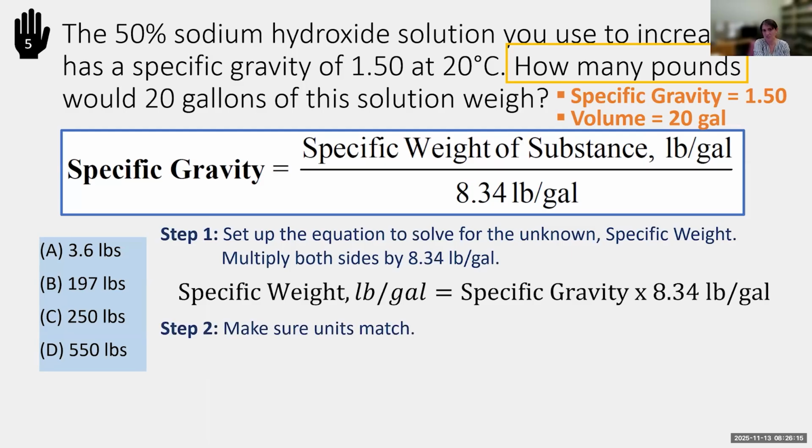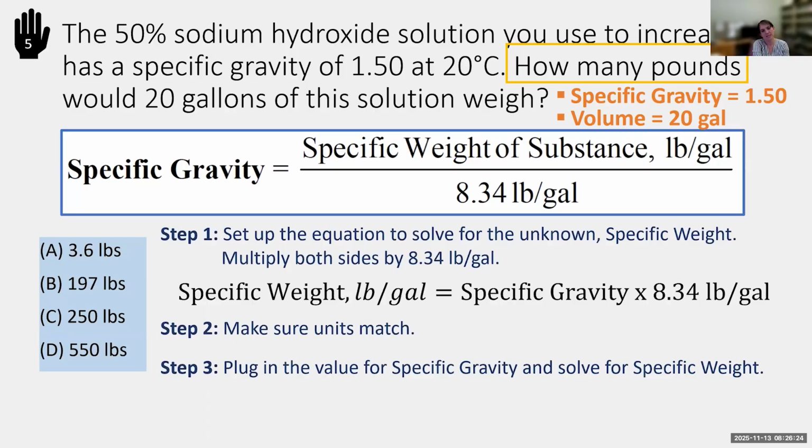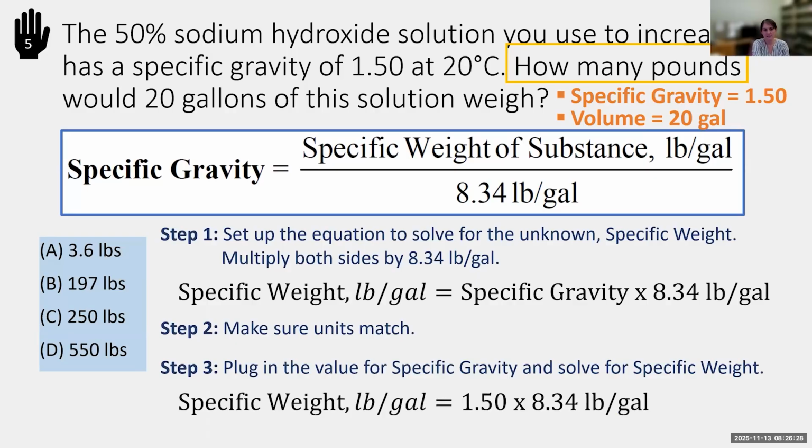For step two, we want to make sure that our units match. Specific gravity is unitless, and so we are good to go. We can plug in the value for specific gravity and solve for specific weight. So specific weight equals 1.50 times 8.34 pounds per gallon, and we get a solution of 12.5 pounds per gallon.